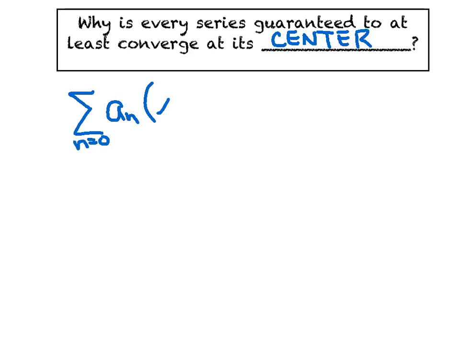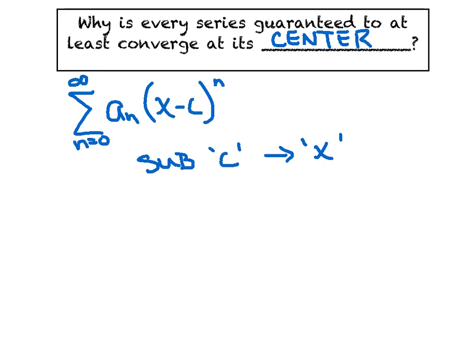Let's take a look at the generic form. This is what a very generic basic series looks like. If we substitute a c in for x, take a look at what happens. We get a sub n, and then we just get c minus c, which is 0, to the nth power.